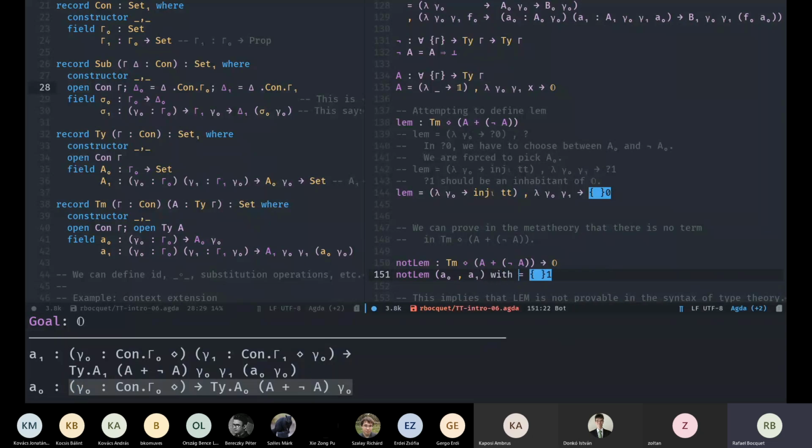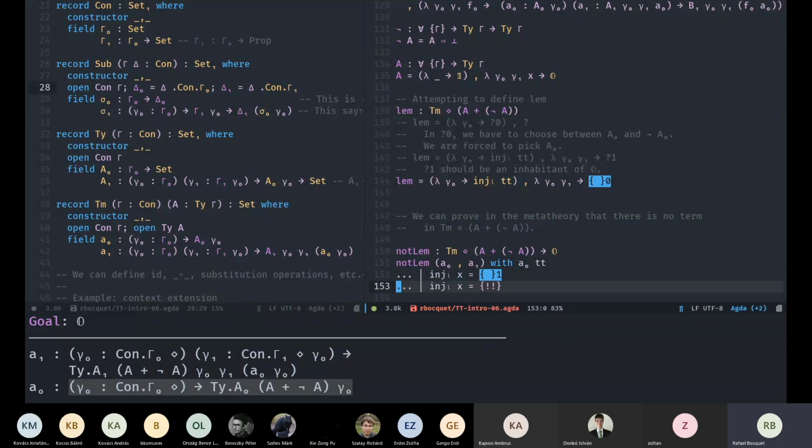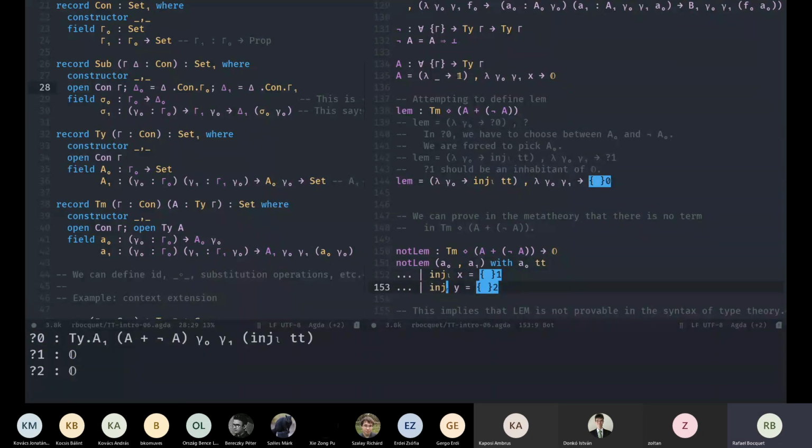So I need to look if A0 is in the left or right component. I do this using dependent pattern matching in Agda. Will this work? Yes.